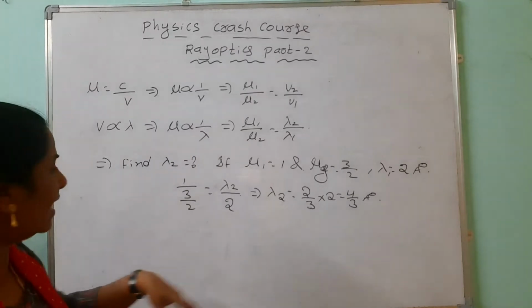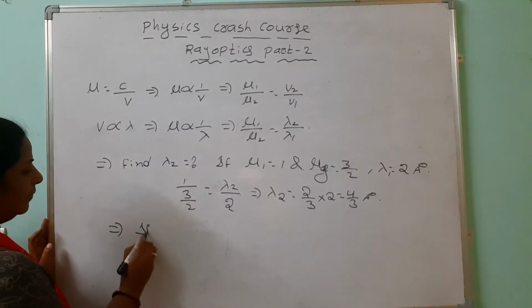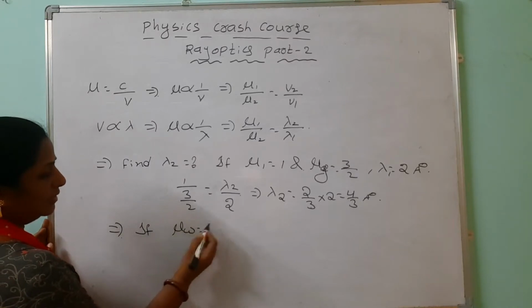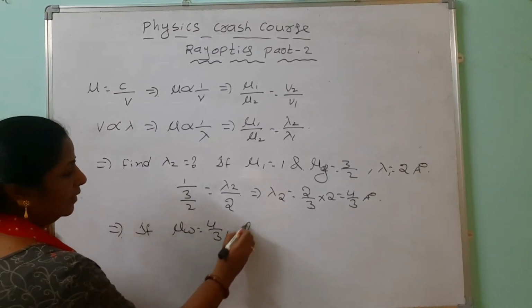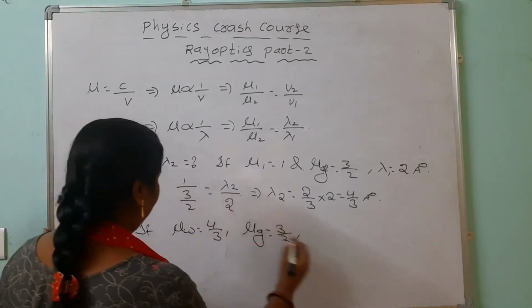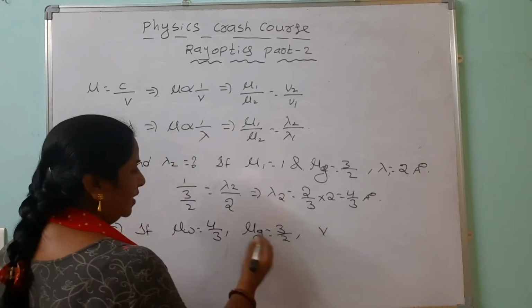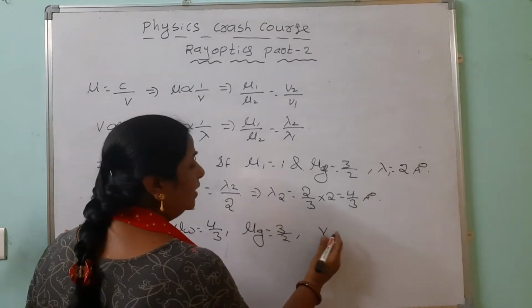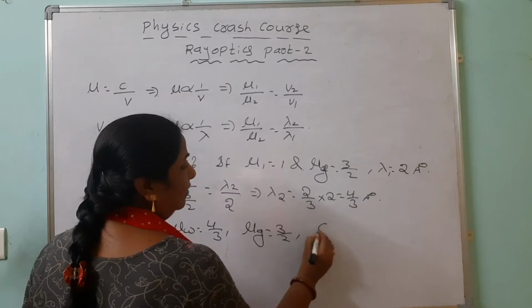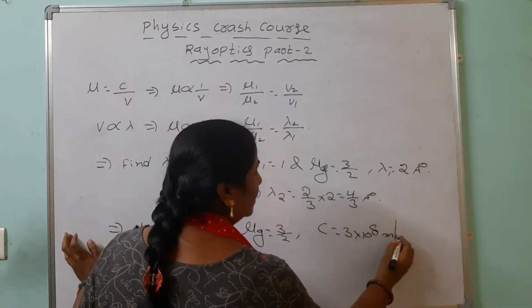Not only this, velocity or speed also we can find. See, mu water is 4/3, mu glass is 3/2. Then the velocity of light in vacuum, how much is it? You know the velocity of light in vacuum is the permanent 3 into 10 to the power of 8 meters per second.